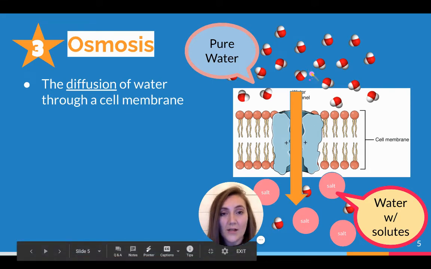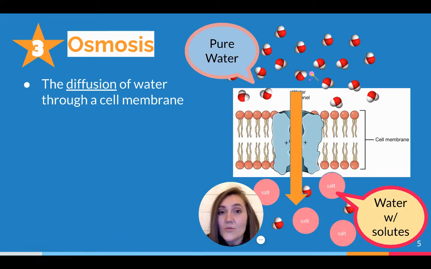And with water molecules, it is very similar to the process of facilitated diffusion, where they do have to pass through a protein channel. This is a specialized protein channel that only allows water molecules to pass through it. Water molecules being polar, they cannot pass through that phospholipid membrane. So they do have to go through that channel.